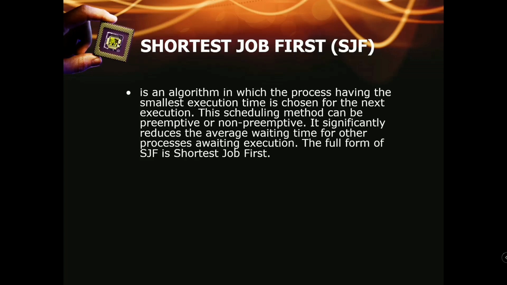This scheduling method can be preemptive or non-preemptive. It significantly reduces the average waiting time for the other processes awaiting execution. The full form of SJF is shortest job first.